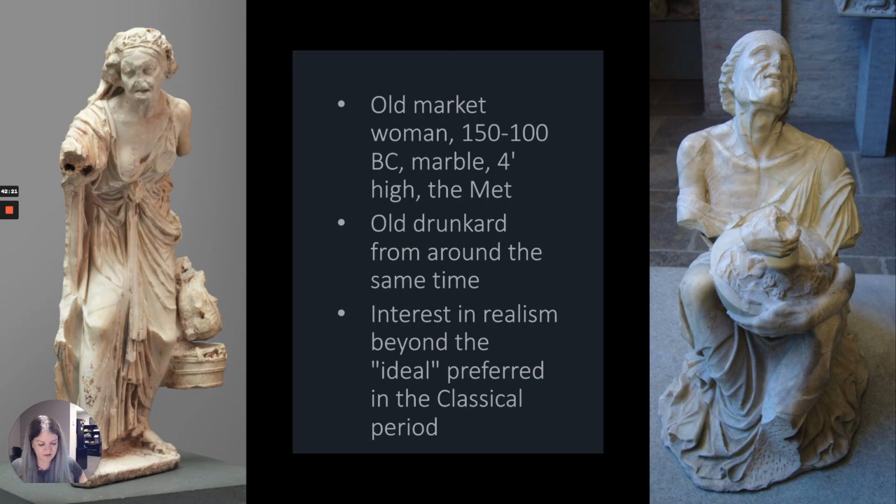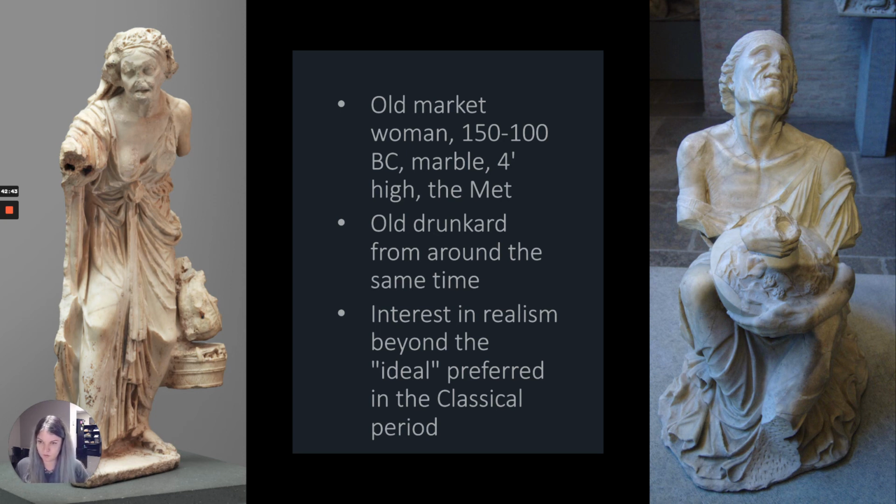Another thing that we see at this time is an interest in not just things that are not following this really mathematical, strict kind of ideal, but portrayals of figures who aren't ideal at all. So we see works that portray old people, elderly people. We see works that portray drunks.